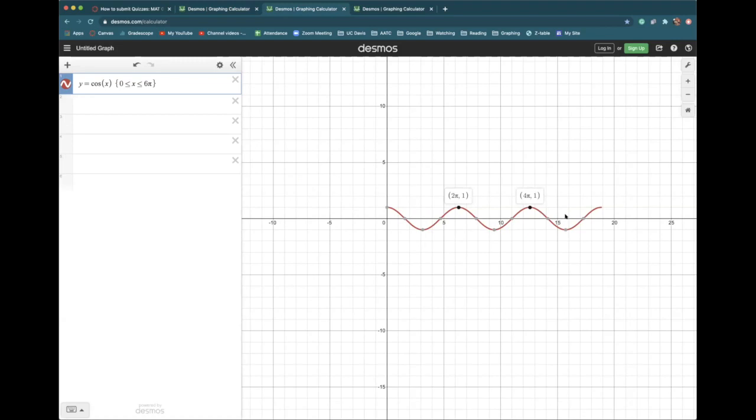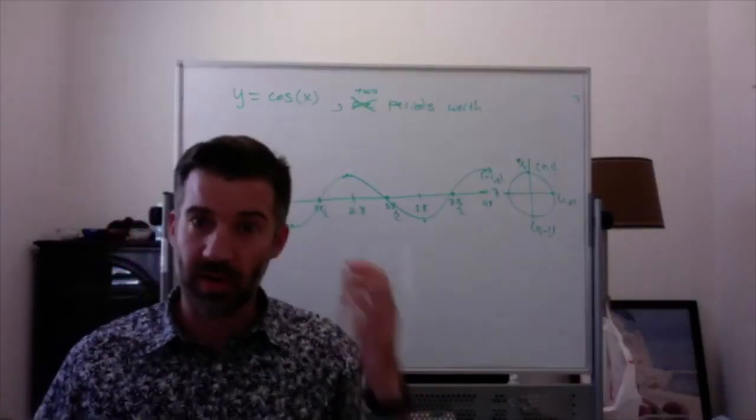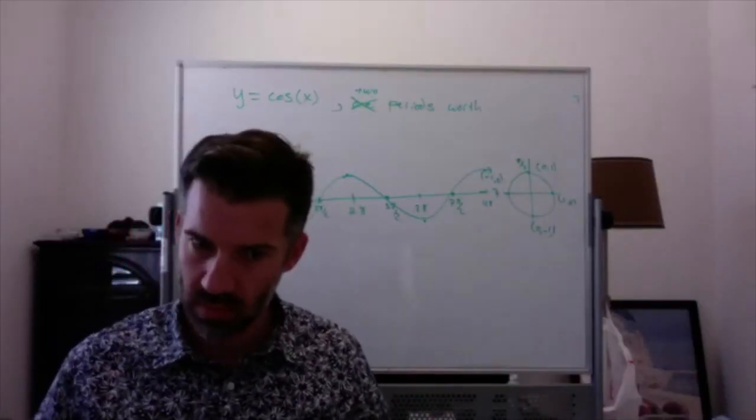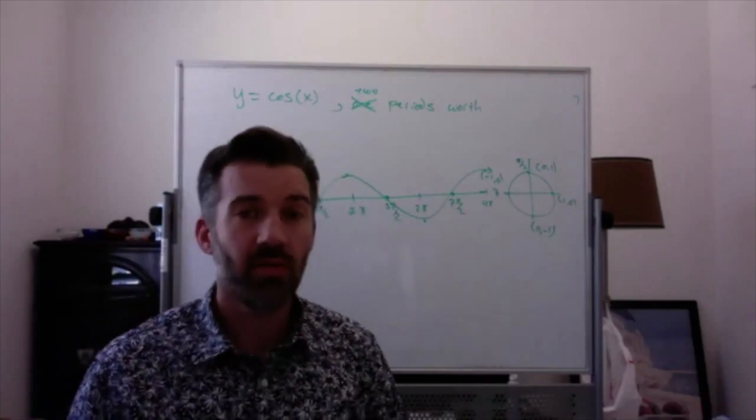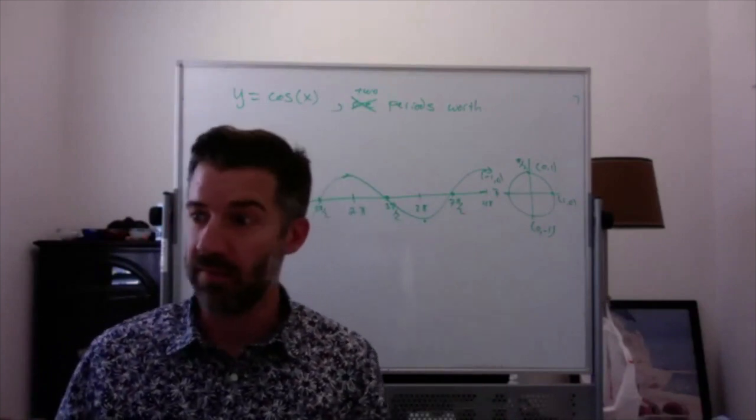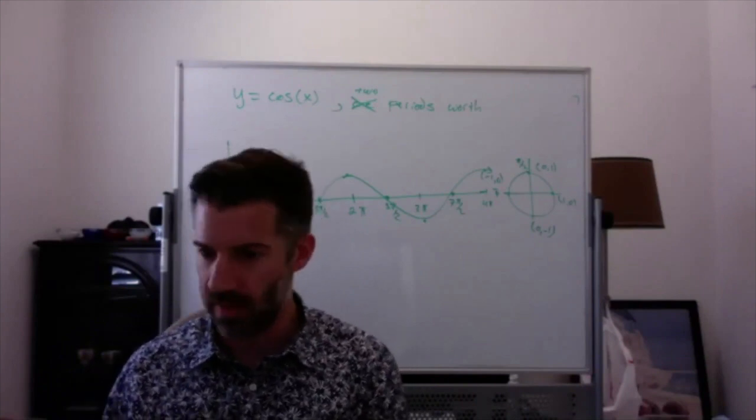But sometimes what changes is where the middle is and where the top and the bottom are. So what I'm going to kind of model for you guys is I think you should try graphing things on your own. And then after you graph the thing, try looking at Desmos to see if maybe you've gotten it right, or maybe you need to just fix a little bit.